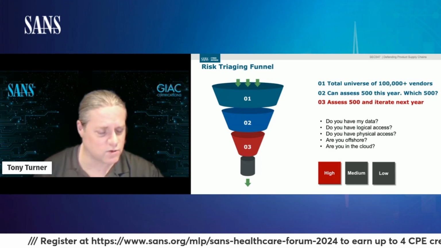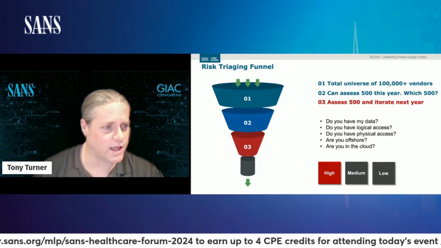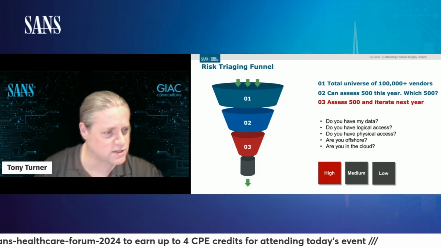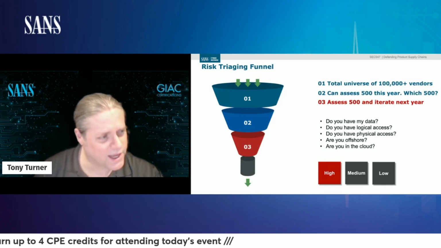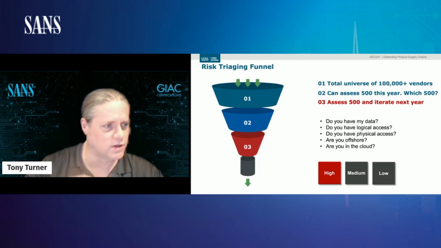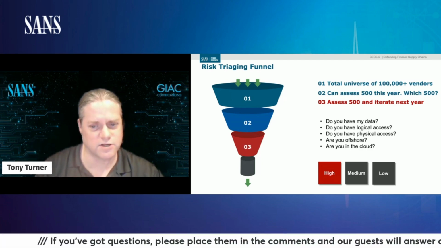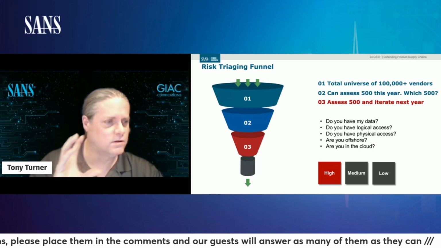I was working with a critical infrastructure organization a few weeks ago, and they said that they had 50 questions in their intake questionnaire. How is that really helping you scale this process? What we really want to get to is buckets of risk and vendor cohorts so that we can start to determine low, medium, high vendor type.